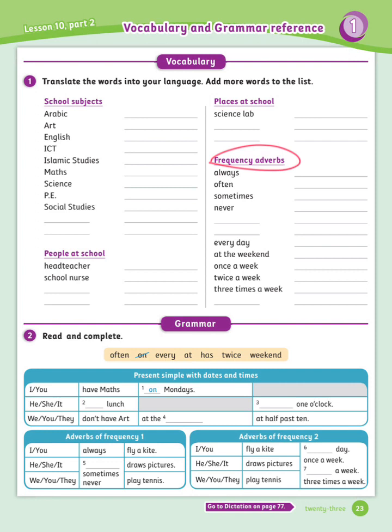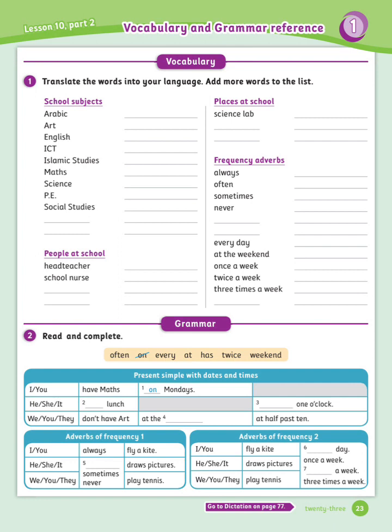Frequency adverbs: Always, Often, Sometimes, Never, Every day, At the weekend, Once a week, Twice a week, 3 times a week.